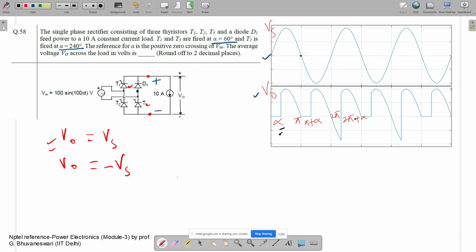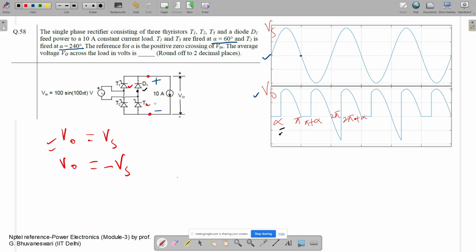Here it will be positive and this diode D1 becomes forward biased. So at angle pi, D1 and T2 will do the free wheeling. This 10 ampere current will flow through this, that's why here output voltage is 0.